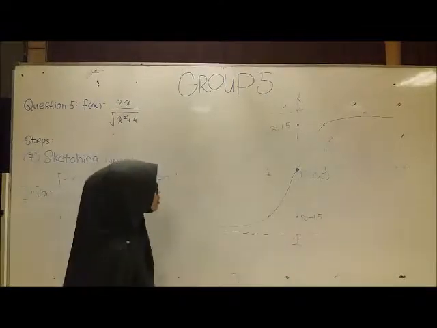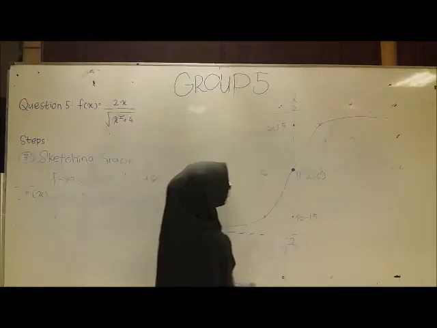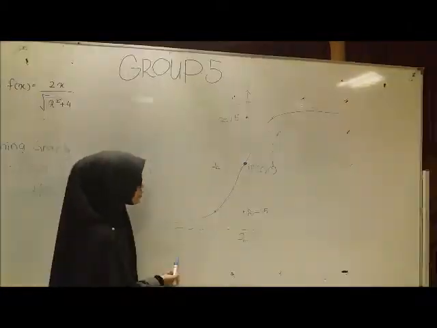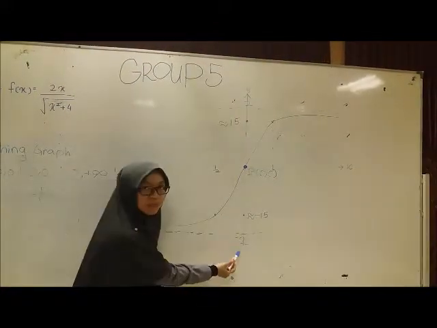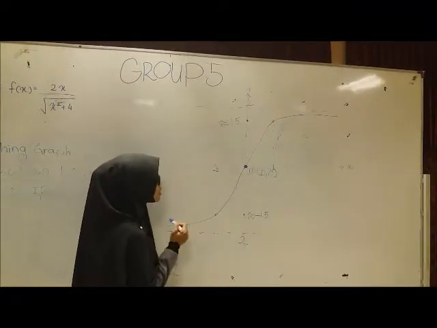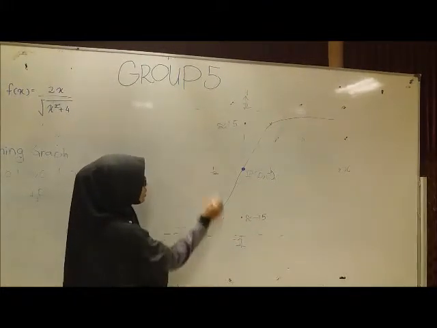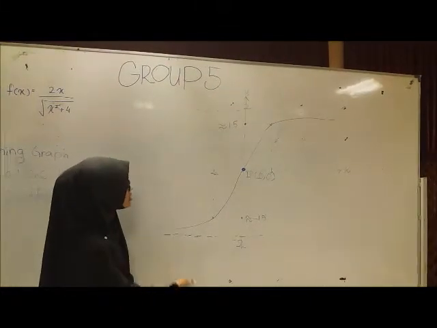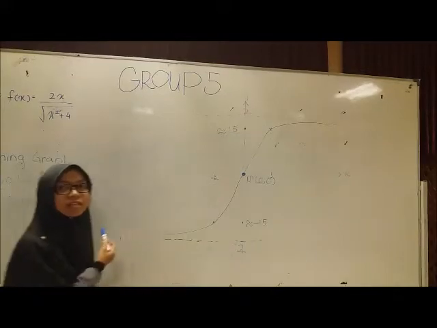We label the inflection point and the values of the coordinates. We get the horizontal asymptotes at 2 and negative 2, so we make sure the graph stays between 2 and negative 2 on the y-axis. This is basically how we get the graph of this function.